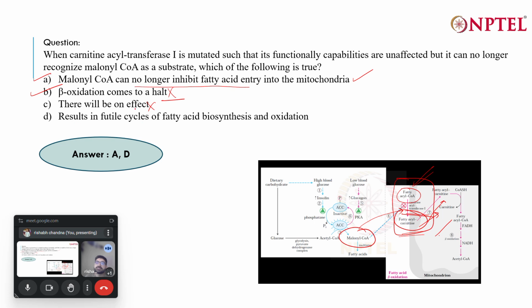Results in futile cycles of fatty acid biosynthesis and oxidation. Yes, this is correct, because now transport is not regulated at all, so it will not be able to restrict beta oxidation at all. So options A and D are correct.